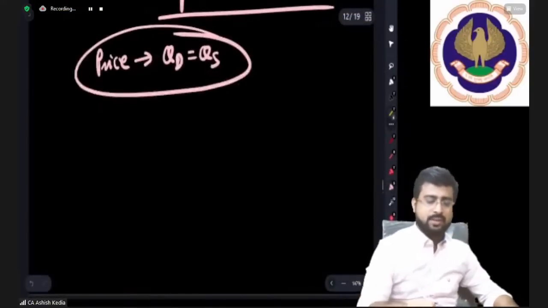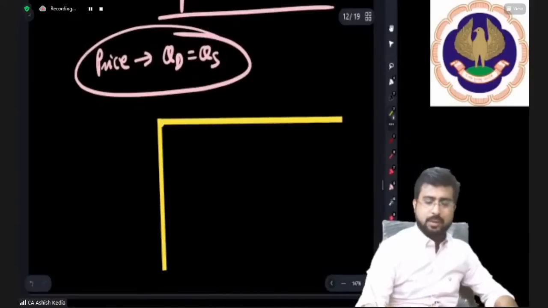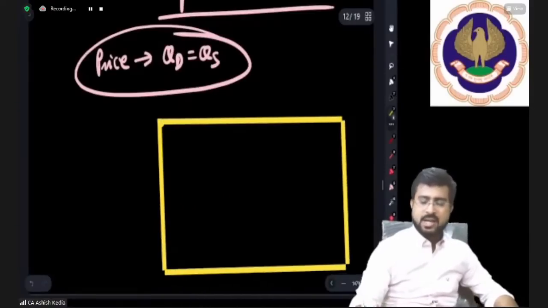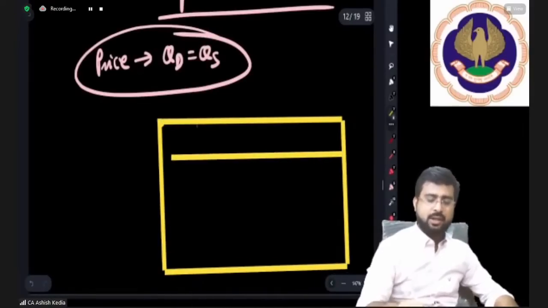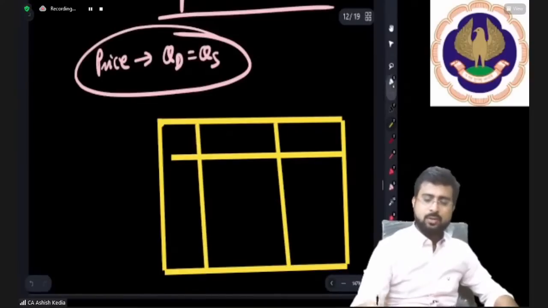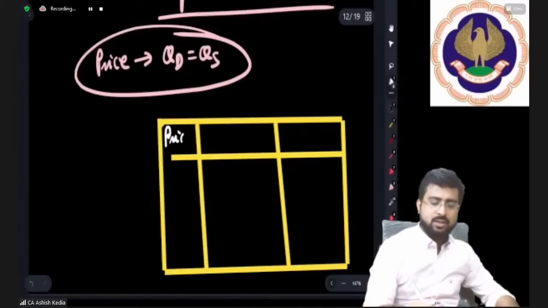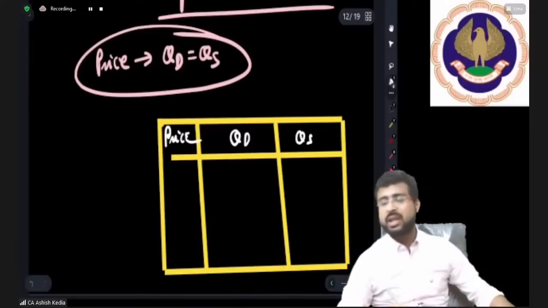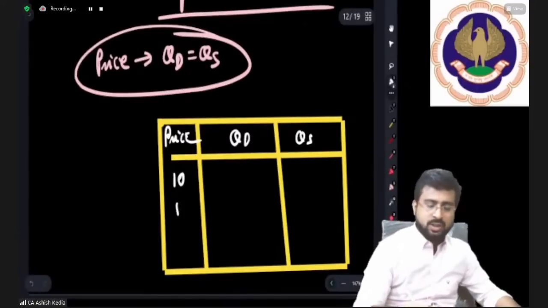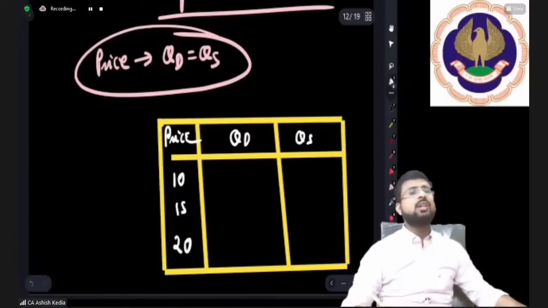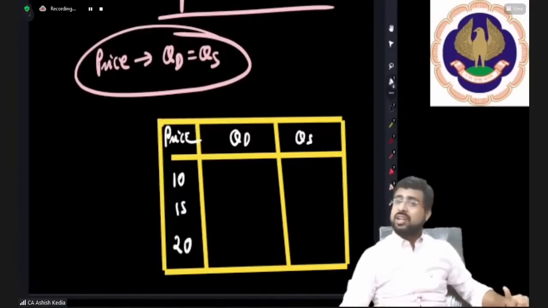I'll give you an example of a table. Let's put price here, quantity demanded here, quantity supplied here. If price was 10 rupees, then 15, then 20 rupees. Now if price rises, quantity demanded falls.